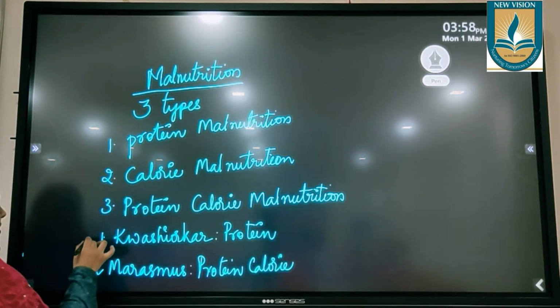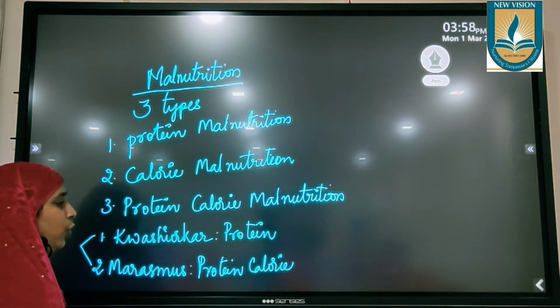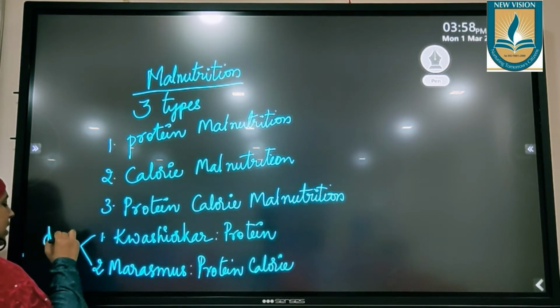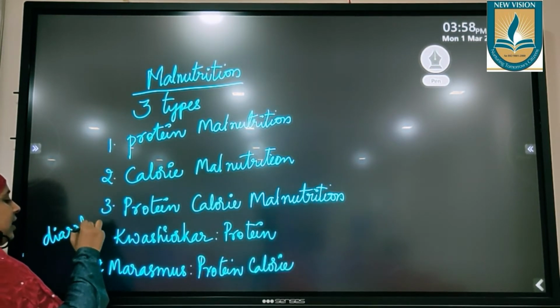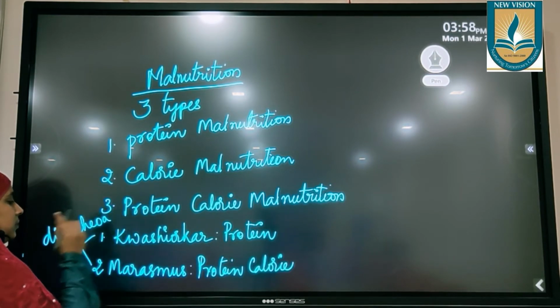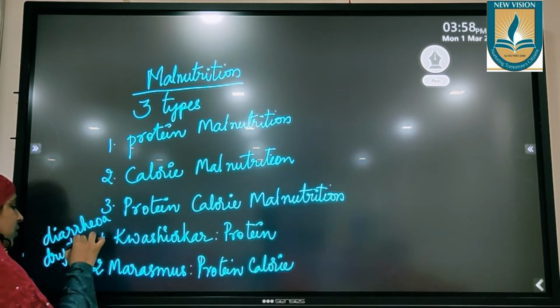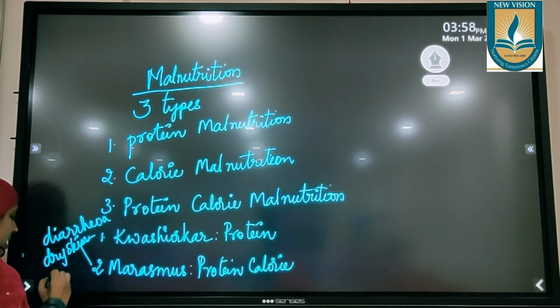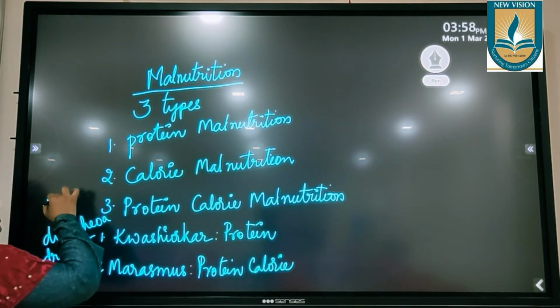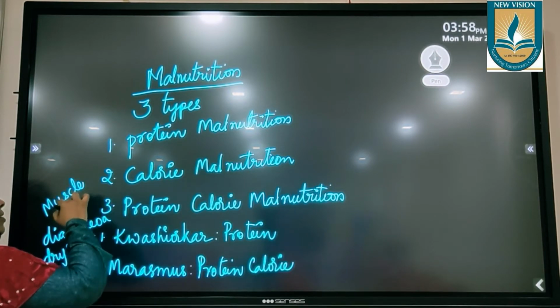In both cases, diarrhea is seen. Dry skin is seen in both conditions. Muscle development is less, poor muscle development.